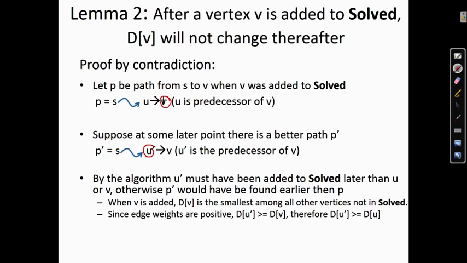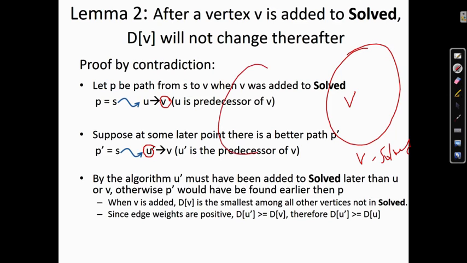You can imagine something like this. This is the set V minus solve. Then I have another set, solve. At the point when V was added here, D of V must be the smallest among all the other vertices in V minus solve. Of course, some vertices there haven't even found a path yet, so it's infinity.